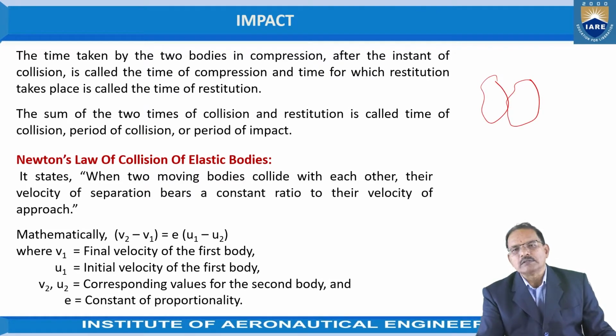The amount of time required for the compression is called the time of compression, and after the collision, momentarily they come to rest and regain their original shape. The process of regaining the original shape of the bodies after collision is called restitution. The time taken for the restitution is called the time of restitution.